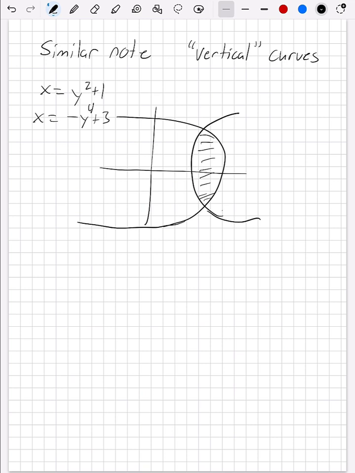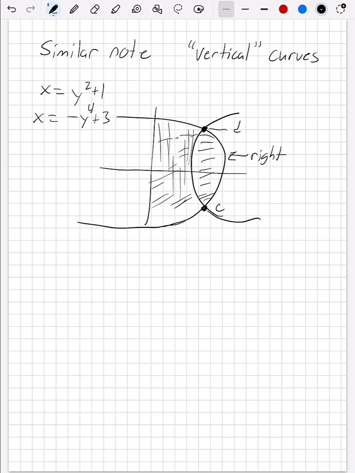Then we can integrate this the same way, and we still call the top d and c, except now we look at our right curve first as our top curve. Because if we were to rotate this over, what we're really finding is the area between here and the y-axis. Okay? So the right curve would be on top.